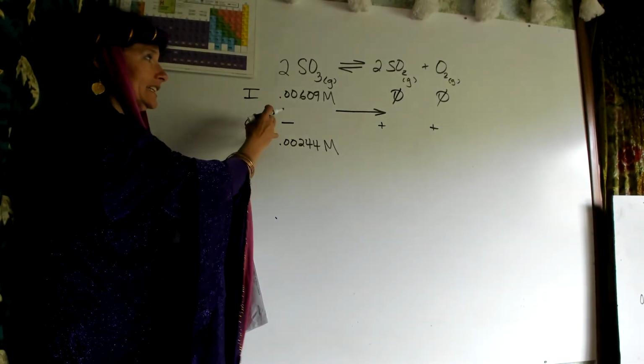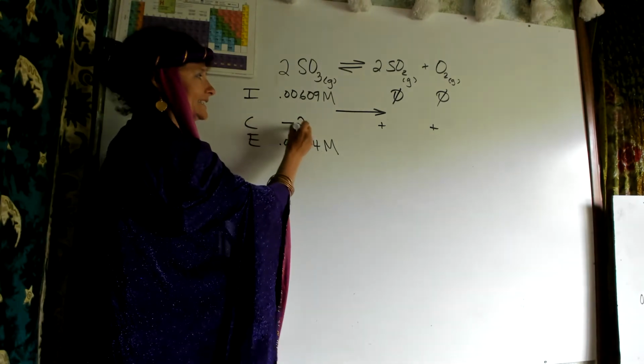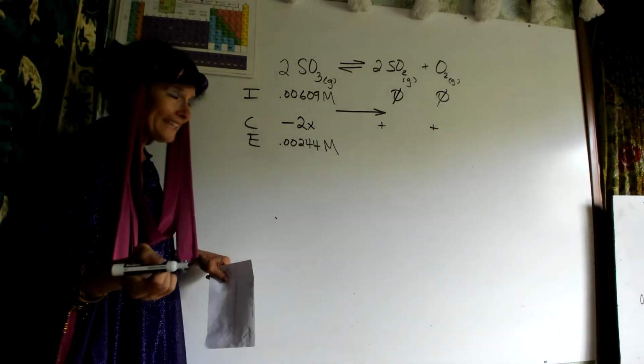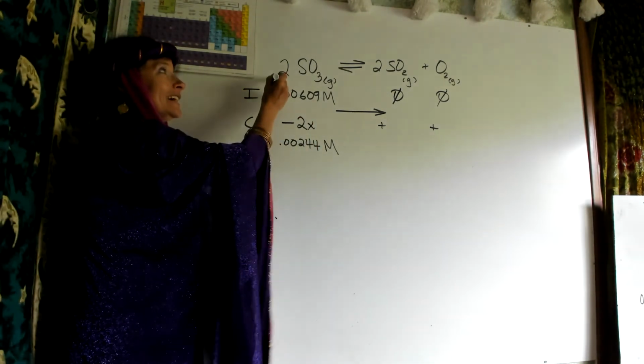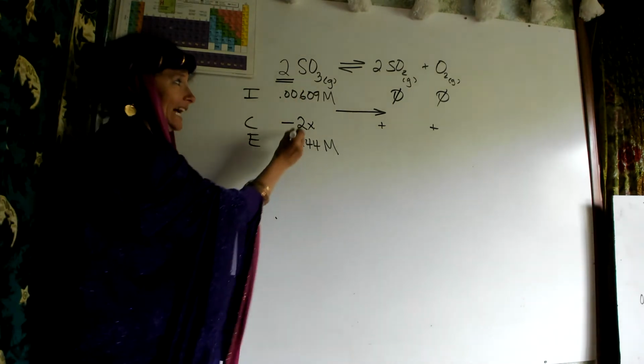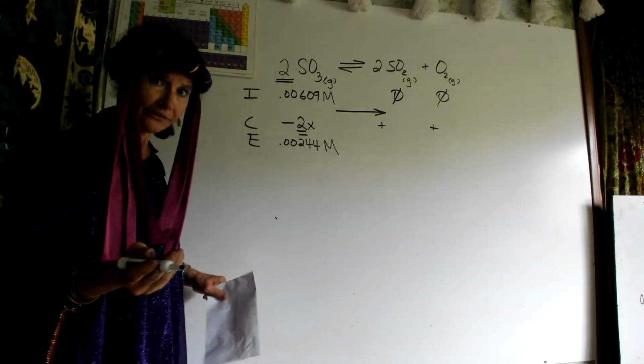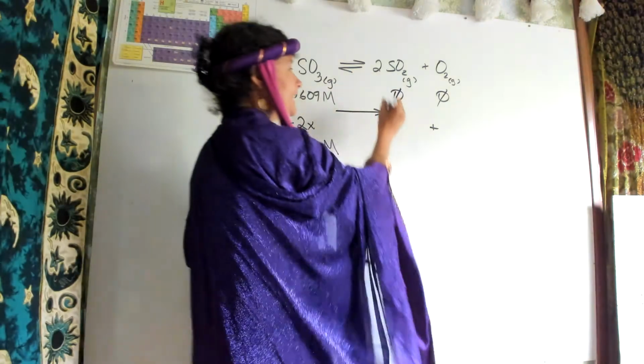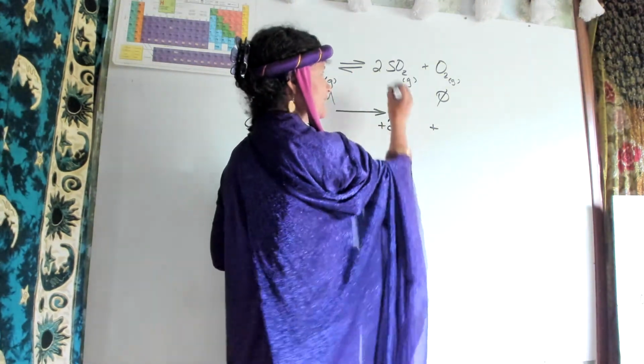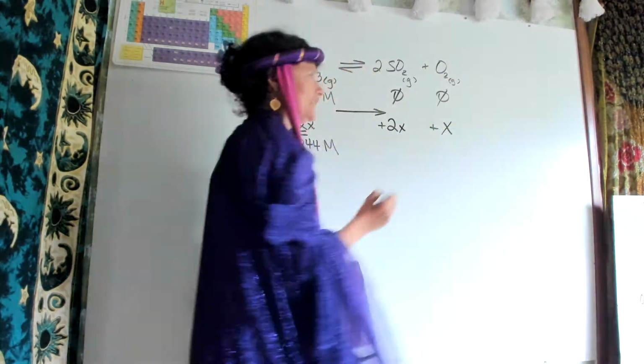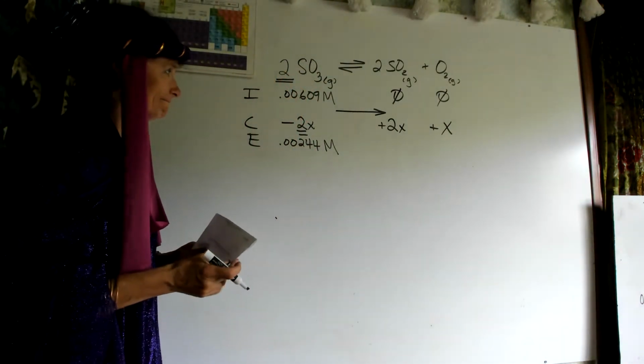This side is going to decrease not by x, but by 2x. And why 2x? Because of the coefficient. Over here, this is going to increase by 2x, and the oxygen is just going to increase by x.